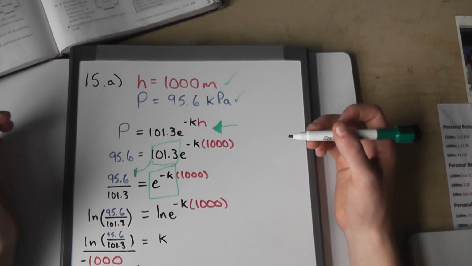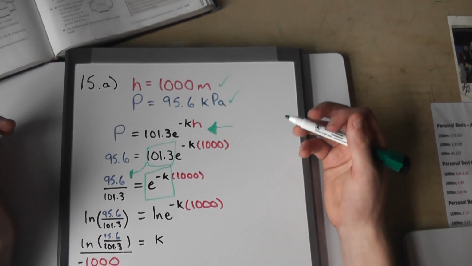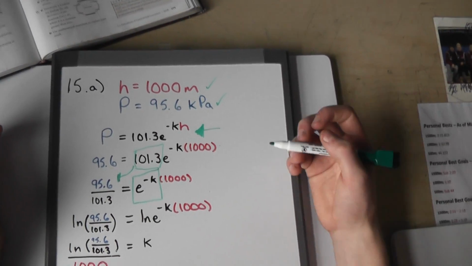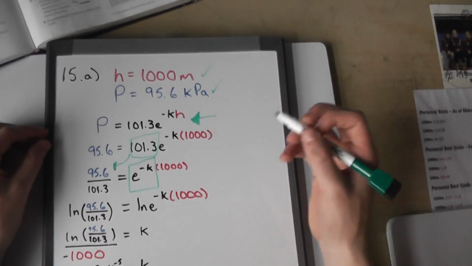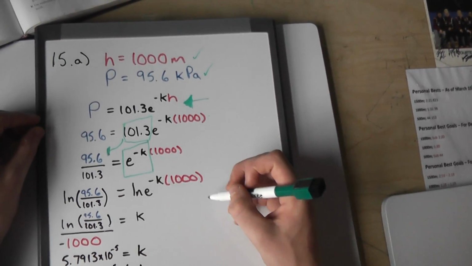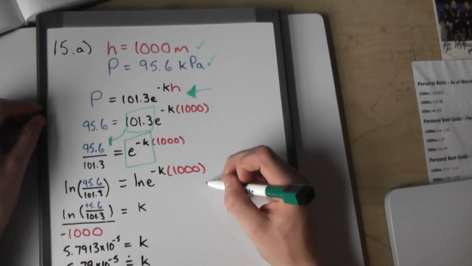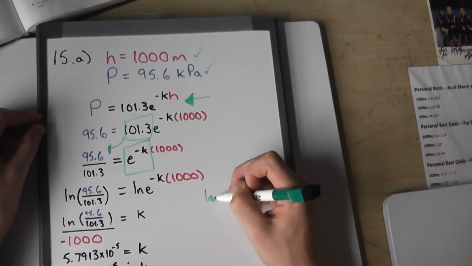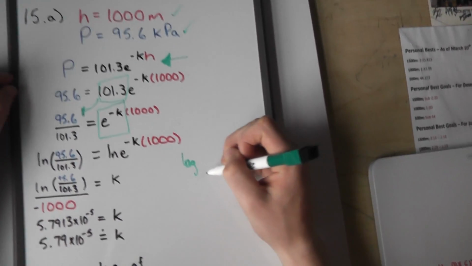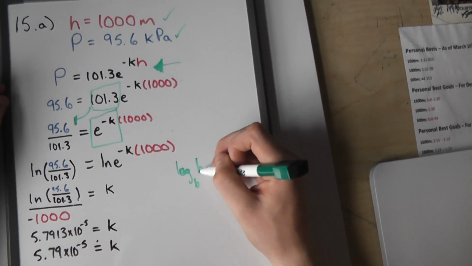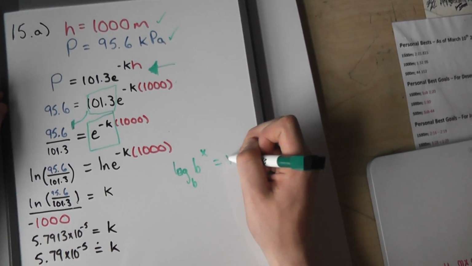To bring down k, we must be able to recall properties of a logarithm. One of them is this: log b to the x equals x.